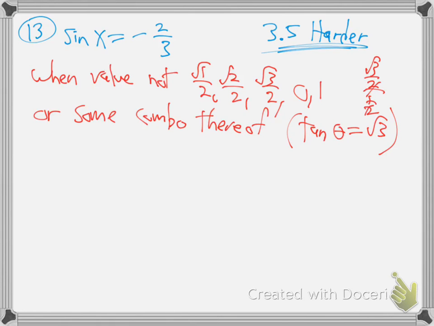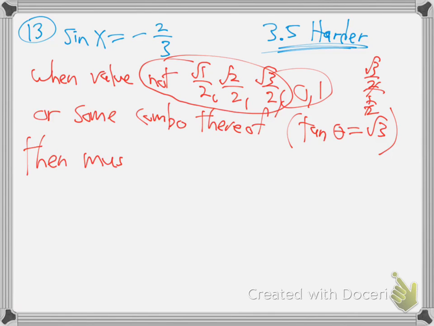You know how tangent's a combo. Tangent is sine over cosine, right? So it combines a couple of those and tangent might end up being root 3. Those we use in a circle. But when the value is not those or those, then you must use the calculator.